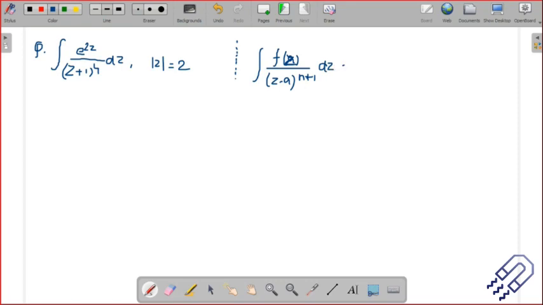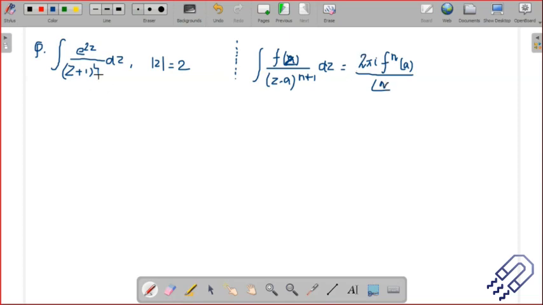If you don't remember, please refer to the first lecture we had on Cauchy integral theorem, and you will see that we have actually already done it. Okay, so this is 2 pi i into the n-th derivative at a, divided by factorial n. We have already derived it. Okay, so please check it once, and if you check it, you'll see that it's there. Okay, we're going to use this now.